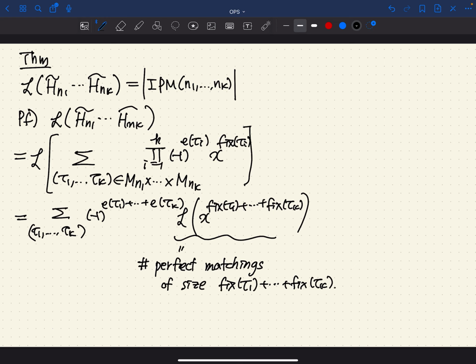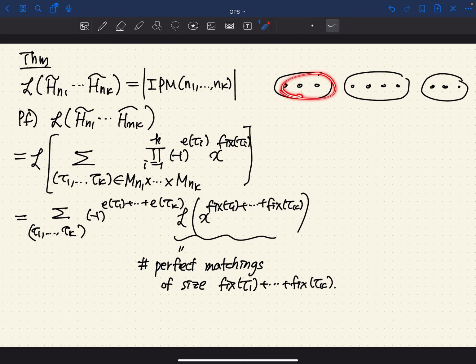To understand this, let's just see an example, just vague. I'm not going to give you a precise example, but let's imagine that we have a situation like this. So this is like n1, n2 dots. In every block we have to find a matching.